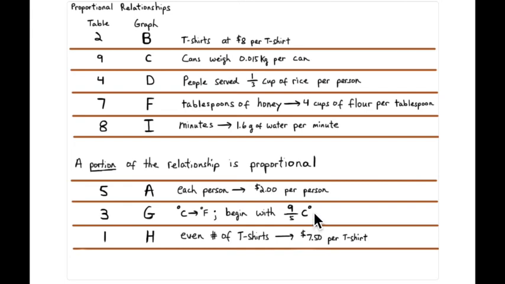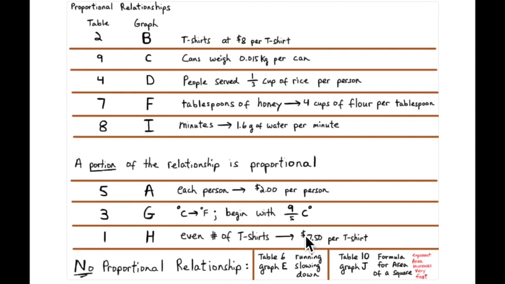It increases by 1 degree Fahrenheit, which is 9/5 degrees Celsius. And finally, the number of t-shirts increases at $7.50 per t-shirt, but then for every odd number of t-shirts, you have to add another $10 to get that final t-shirt if you're buying an odd number.